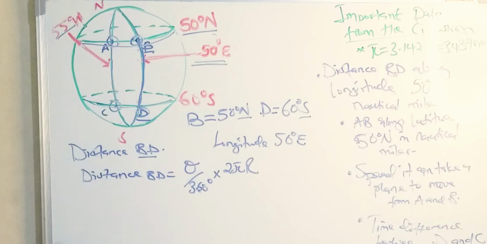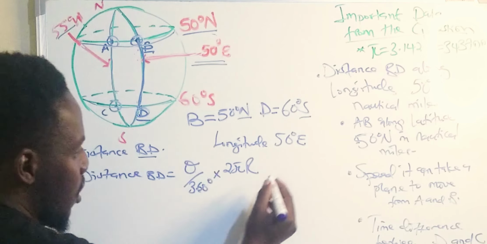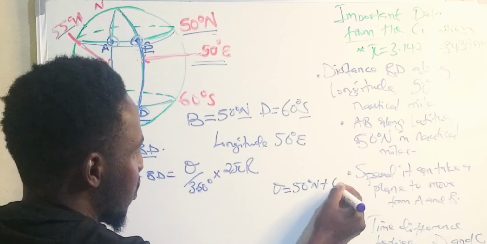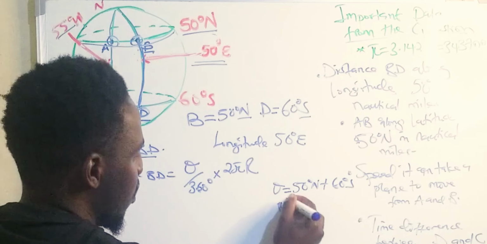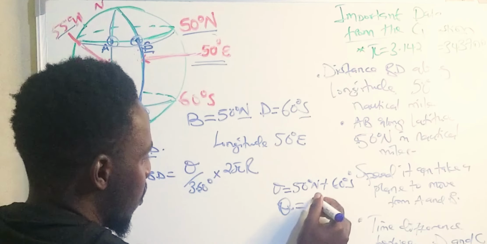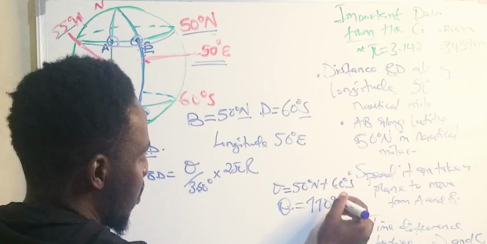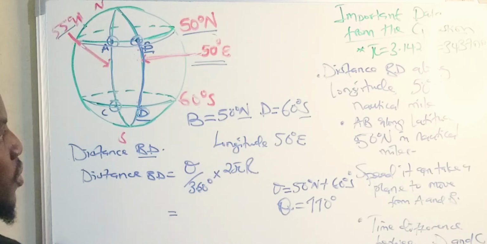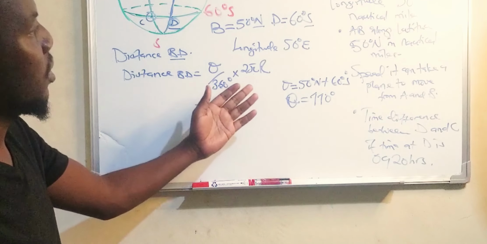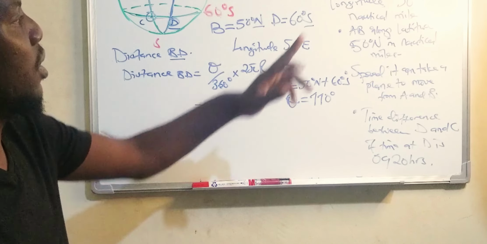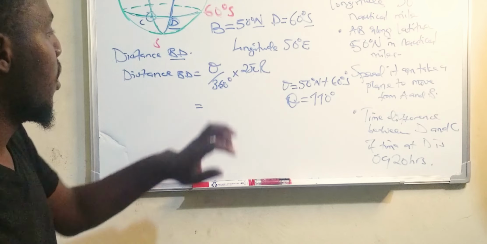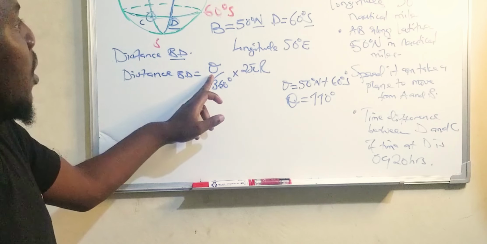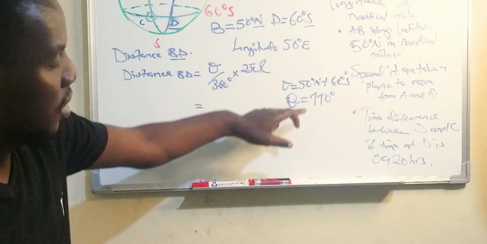So theta here is equal to 50 degrees north plus 60 degrees south, which will be 110 degrees. So we can now plug in the values. These two are constants: pi is 3.142 and r is 3437 nautical miles. The only hassle was how to get theta, and I've already mentioned how to get theta here.